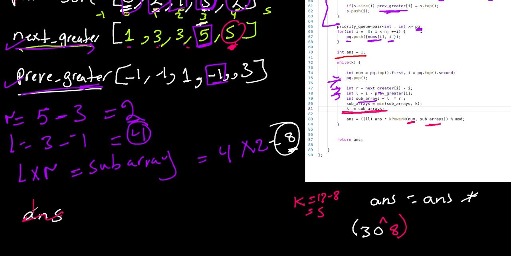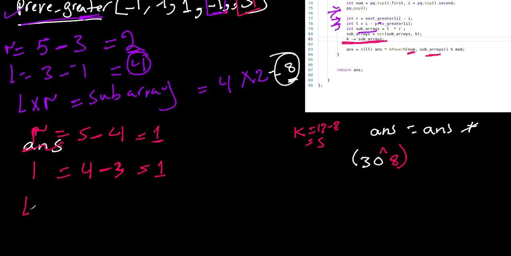So R equal 5 minus the current index, which is 1. L equal 4, the current index, minus the previous greater element at 4, which is 3. 4 minus 3 equal 1.